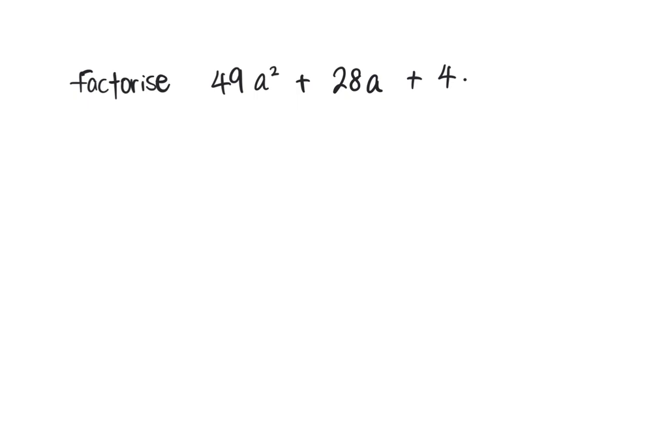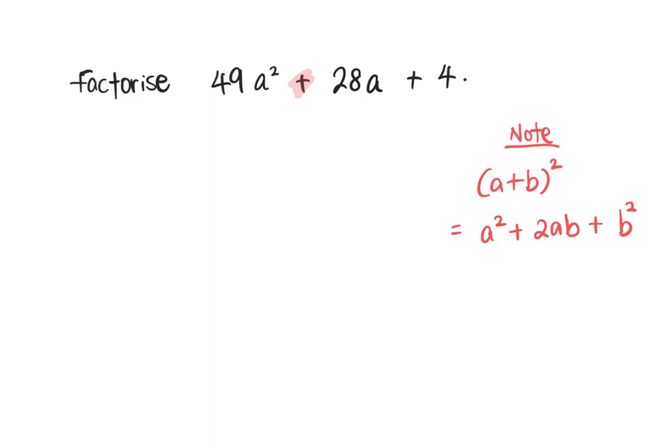Okay, so what are some of the special products for this particular question? I saw that it is a plus, so I am going to make use of a plus b bracket square is equals to a square plus 2ab plus b square.